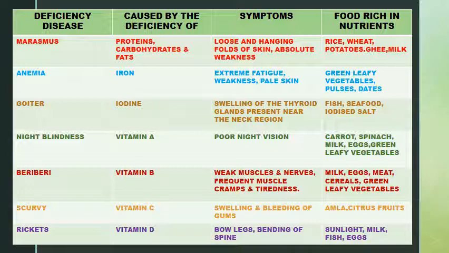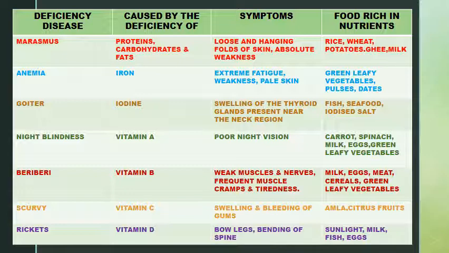Now next is anemia. It is caused by the deficiency of iron mineral in food. In this, a person gets tired very easily and looks pale and unhealthy. To prevent anemia, we should take iron-rich food. Next is goiter.